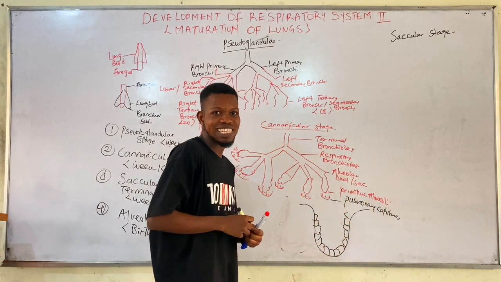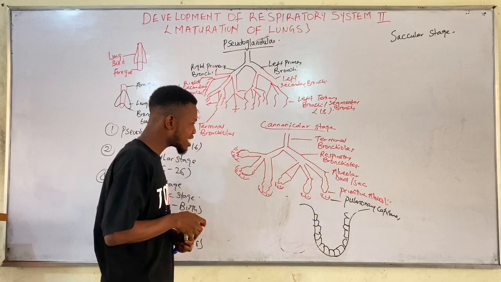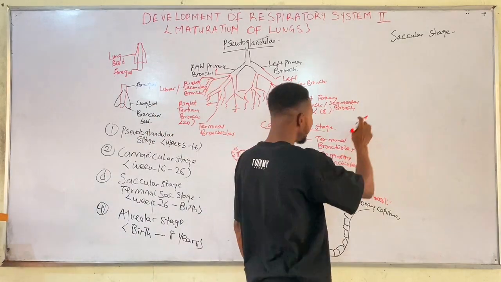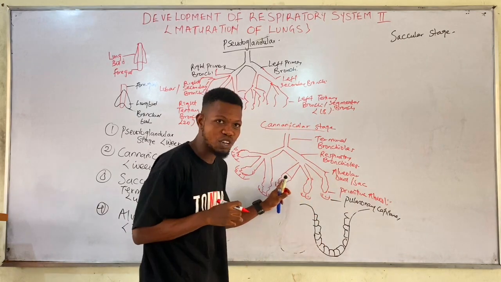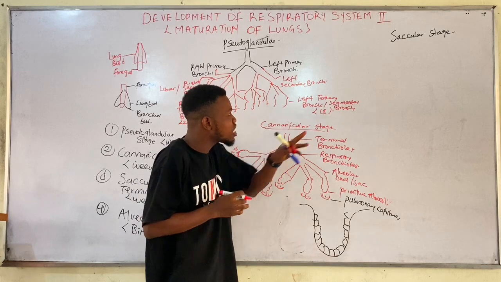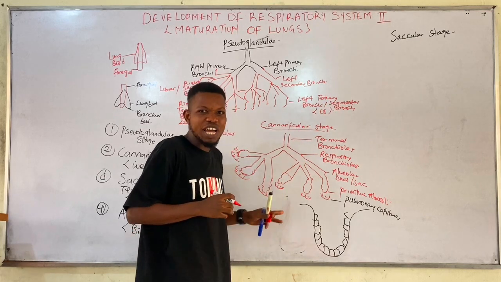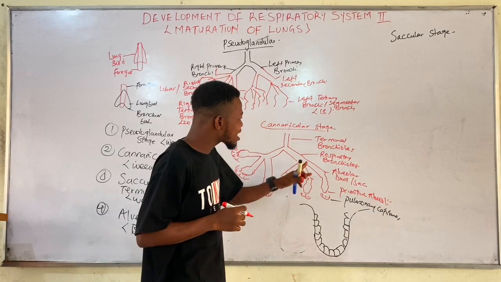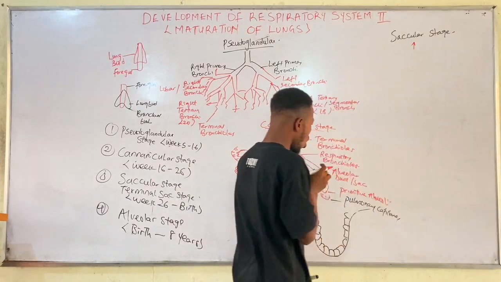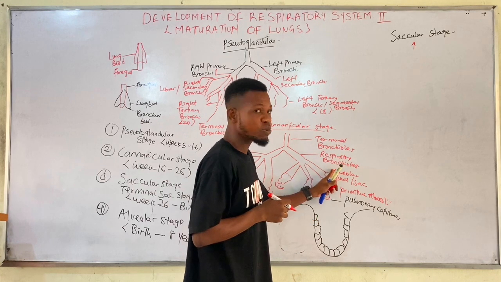Now when we talk about the saccular stage, it is just like the canalicular stage, but there's something that differentiates this stage from that stage, though it's kind of the same. At the saccular stage, there is an increased formation of respiratory bronchioles.